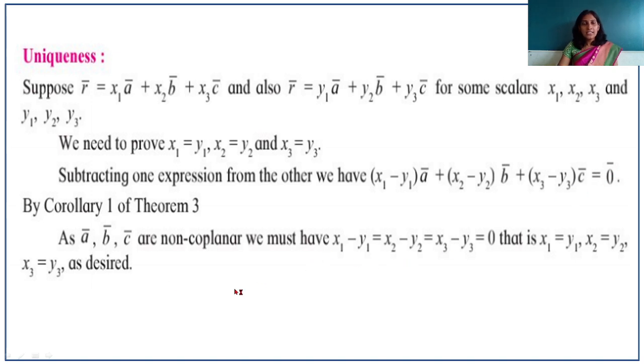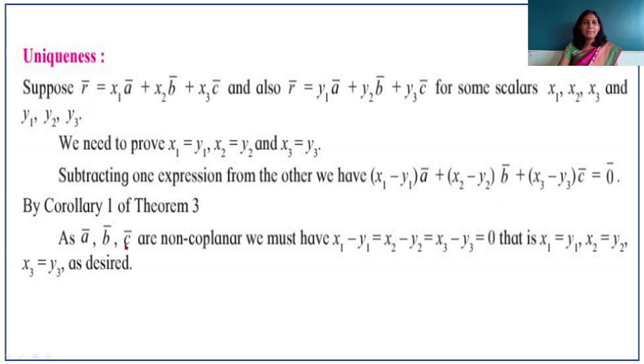Then from corollary 1, which belongs to theorem 3, what will we get? What is that corollary? Suppose x a bar plus y b bar plus z c bar is equal to 0 bar, then x is equal to 0, y is equal to 0, and z is equal to 0. This is the corollary.